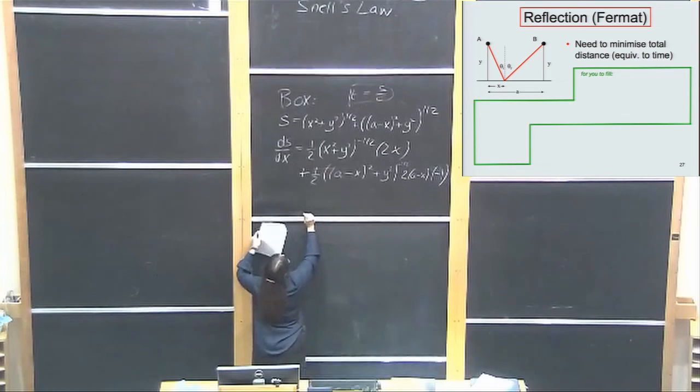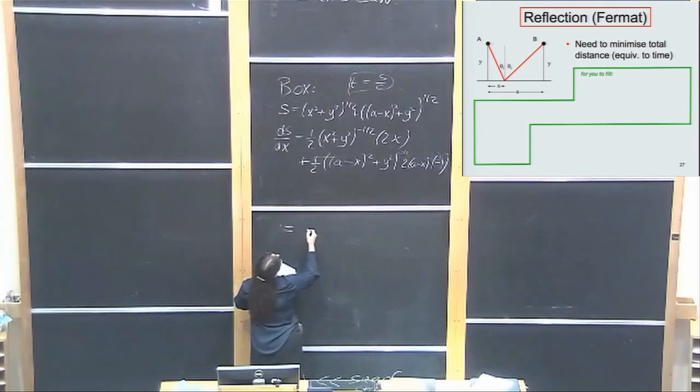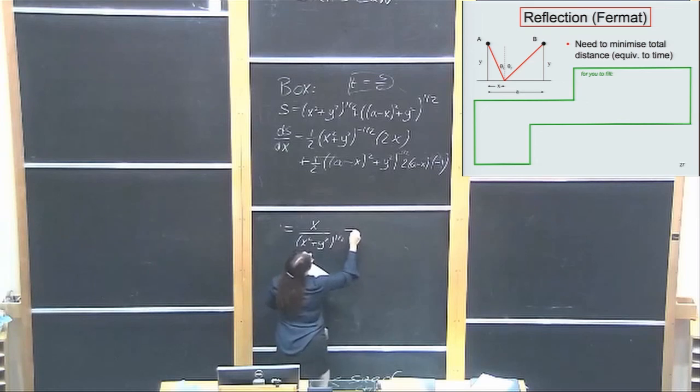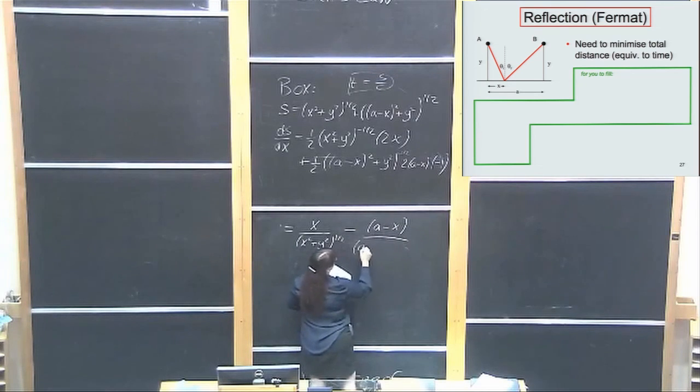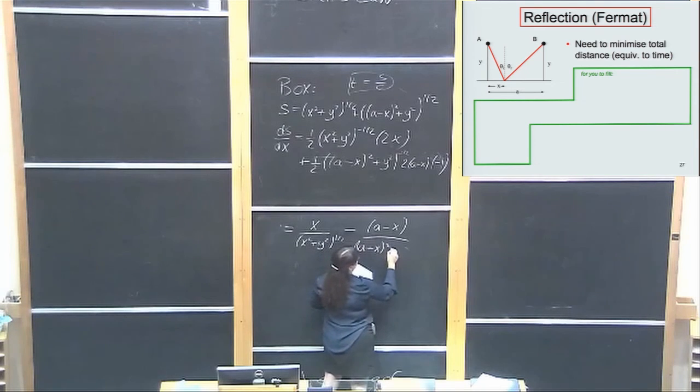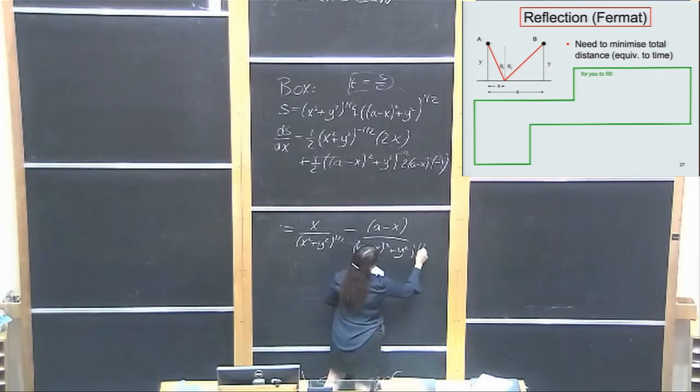So that is therefore x over x squared plus y squared to the half, minus a minus x over a minus x squared plus y squared to the half.